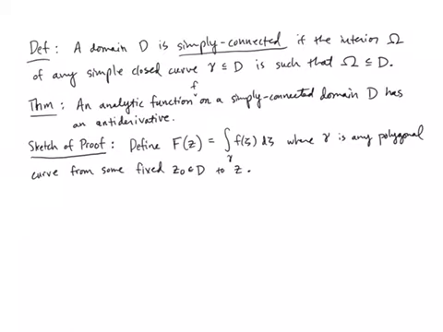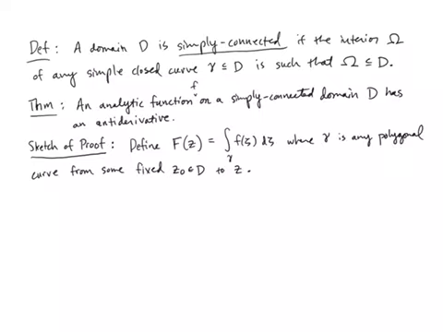Okay, so what you do is you fix arbitrarily a point z naught in your domain, and then you look at any polygonal curve whatsoever that connects z naught to z, which we can do because any 2 points in a domain are connected by a polygonal curve by assumption. And then you just integrate your function little f along that, and that gives you your function big F.